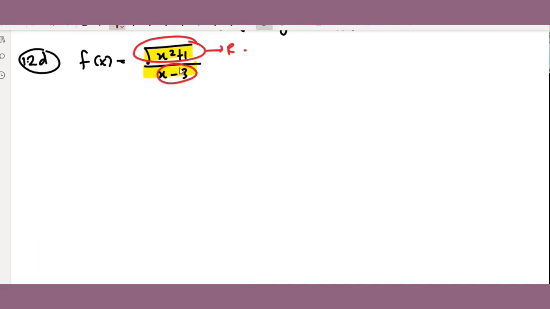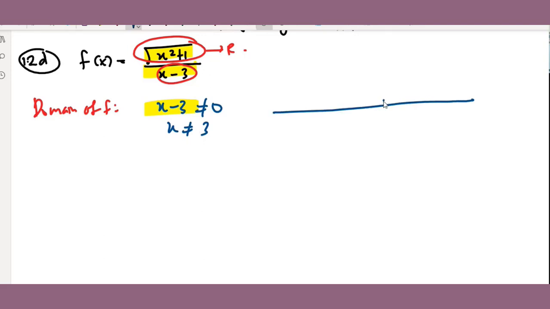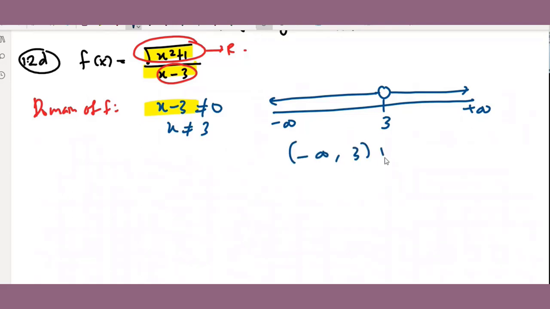So for the domain of f, consider the denominator not equal to 0, so x not equal to 3. Change to a number line: the domain is all real numbers except 3, and in interval form, this is the interval.